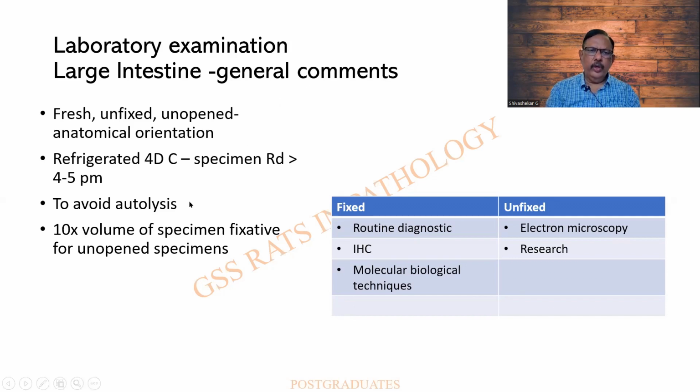This is to avoid autolysis, a common problem before holidays. And the rest of it will have to be put in 10 times the amount of the specimen, the fixative. The fixed specimens are used for routine diagnostic work, immunohistochemistry, as well as molecular biology techniques, whereas unfixed specimens can be used for electron microscopy and for research purposes.